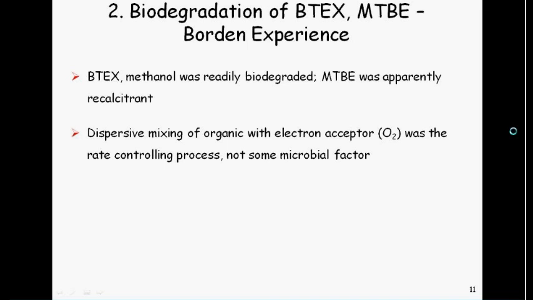So to optimize the system for in situ bio, the need really is, first of all, to optimize the electron acceptor. So adding bacteria, adding nutrients really isn't going to optimize it. Getting oxygen into the system is the first priority for optimization. After you do that, there might be subsequent secondary optimization. But getting electron acceptors in there looks like the first.